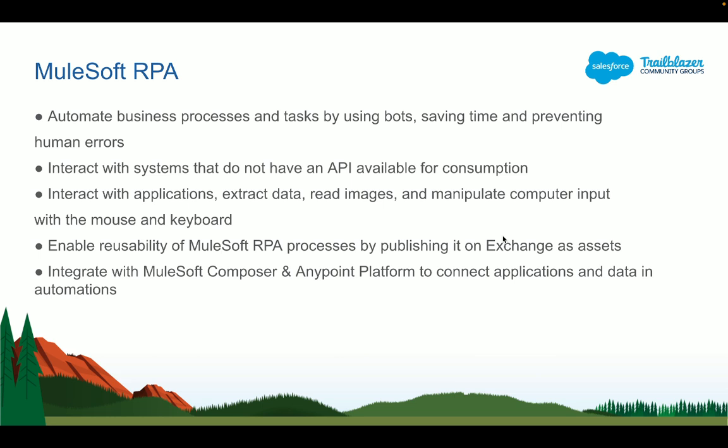Now we can have five to six processes invoke these MuleSoft RPA bot processes, right? Whenever we deploy these RPA bot processes to Exchange, we have an API exposed, and by using certain endpoints, we can invoke these RPA bot processes. It can also integrate with MuleSoft Composer or the Anypoint Platform to connect applications and data in automations.